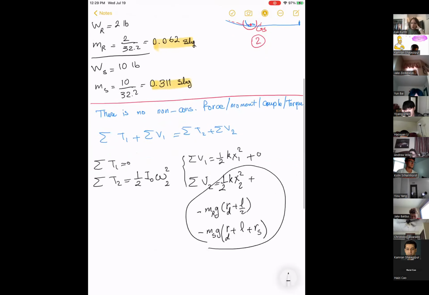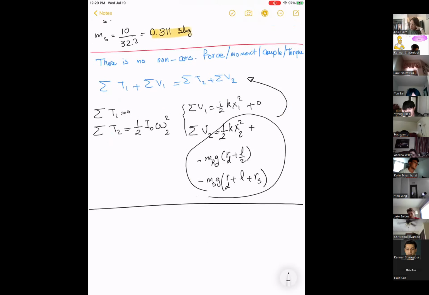I'm going to substitute them in the equation before moving forward to make one simple equation. If I do that, on the left-hand side, I have half K x1 squared.